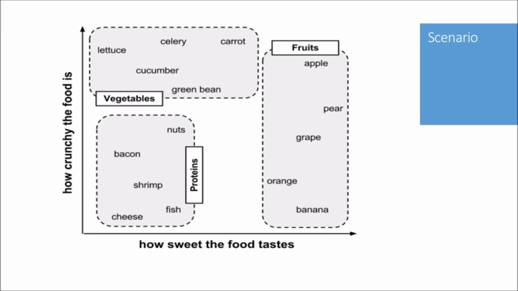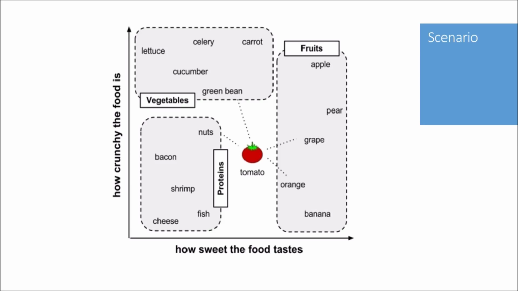So let's take an example where I need to predict something new which is coming, and say where exactly it lies. So I see tomato. Tomato is one part of the problem where we've not really got a very sure answer. Based on the sweetness and the crunchiness of tomato, we see it's somewhere between fruit and vegetable.